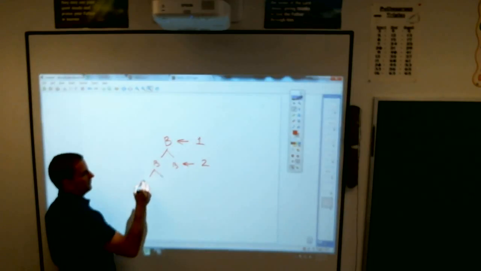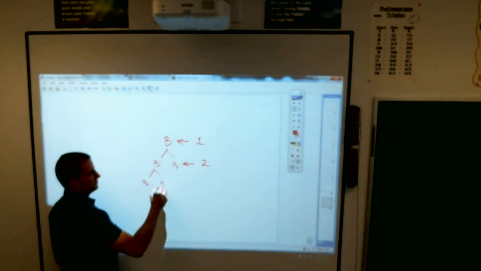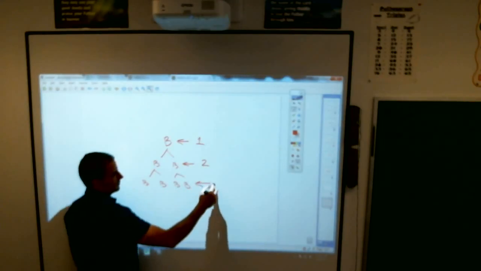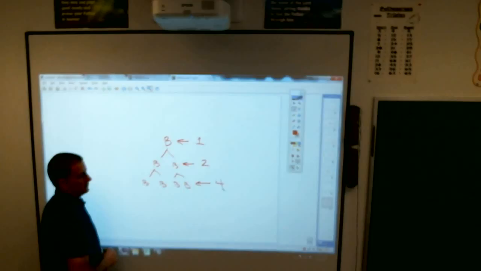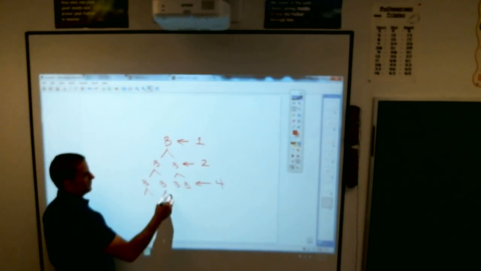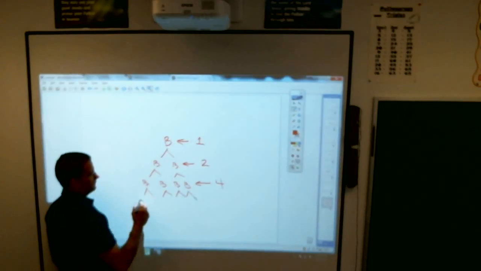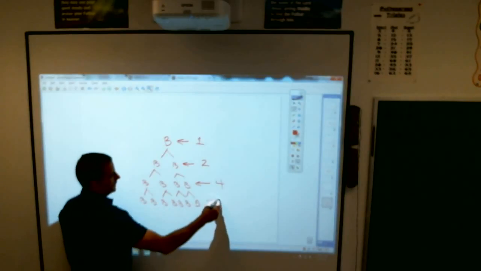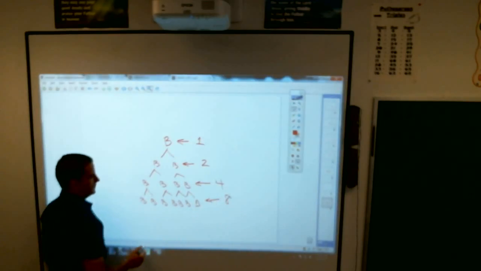And then each one of those splits, leaving you with 4 bacteria cells. Then each one of those splits in half, leaving you with 8 bacteria.